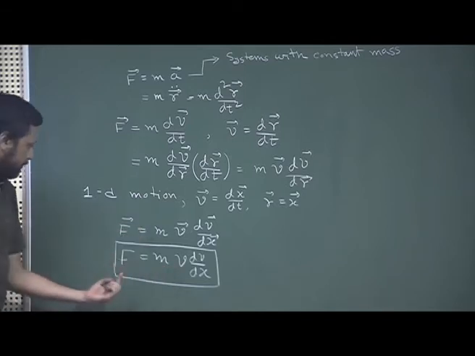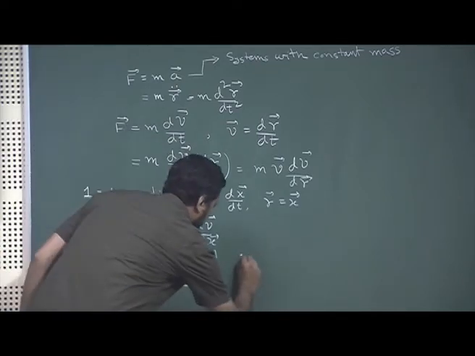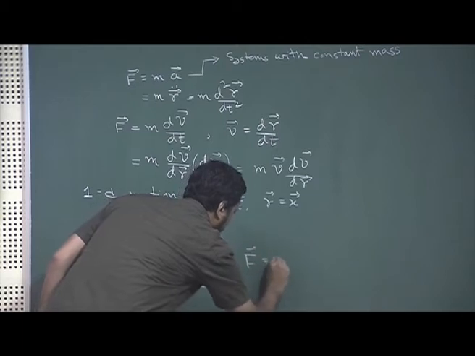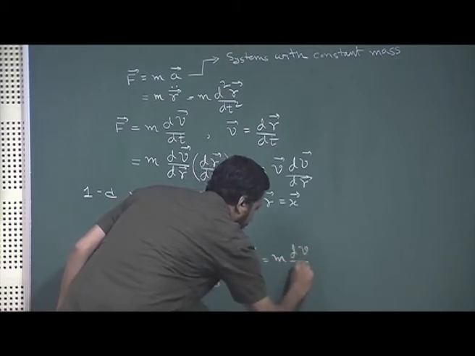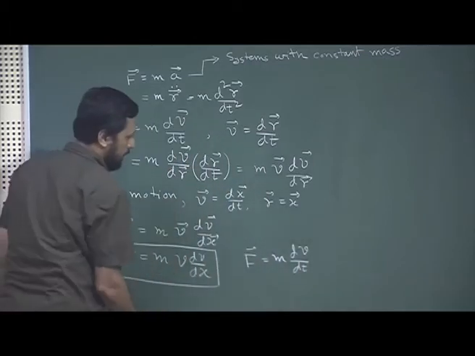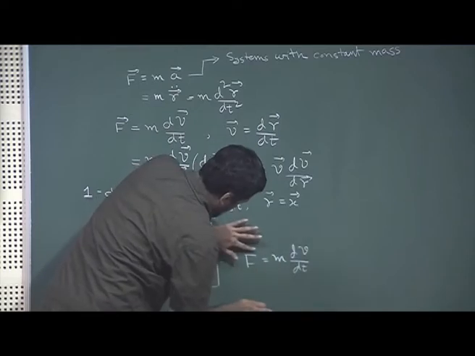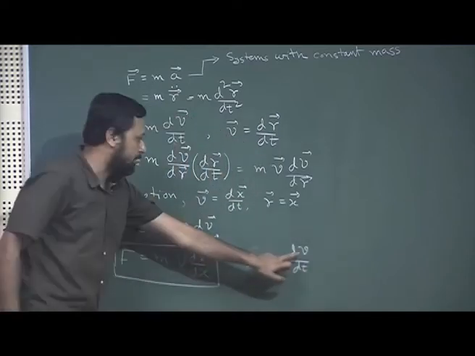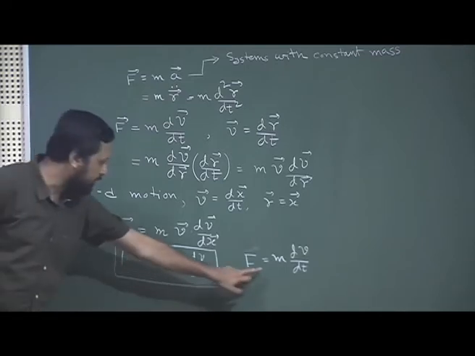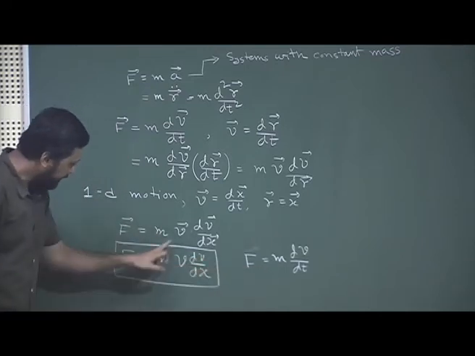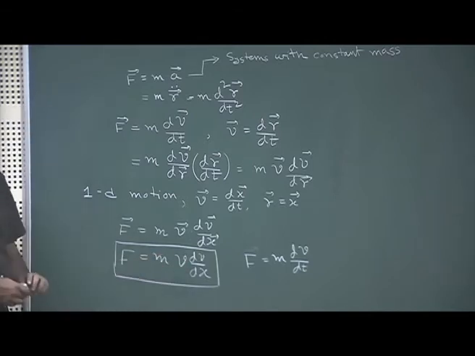Now, in this form, if we compare this equation with the standard F = m dv/dt, where v is the velocity along x direction, this is simply a rearrangement of the equation, but in this particular form it is very useful, as we will see very soon.